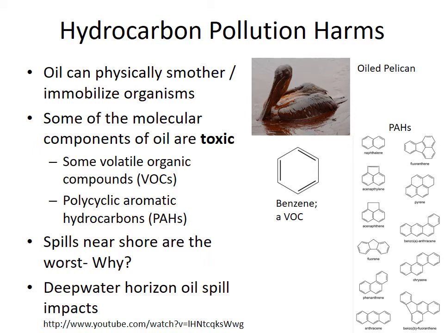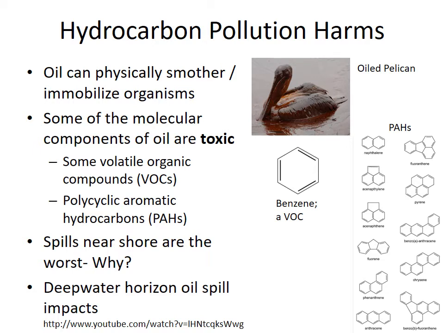Some types that we call volatile organic compounds, like benzene, we call them volatile because they can vaporize into the atmosphere, and we can be exposed to them that way from the fumes of an oil spill, if you will. Those can be harmful to life. And polycyclic aromatic hydrocarbons, which are hydrocarbons with multiple rings with double bonds in them. Many of those are toxic to life.